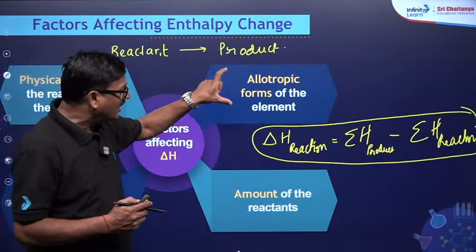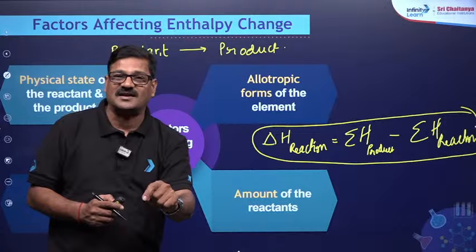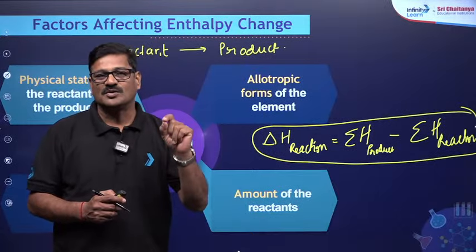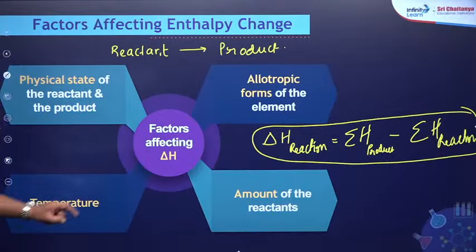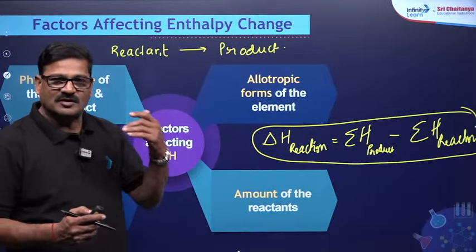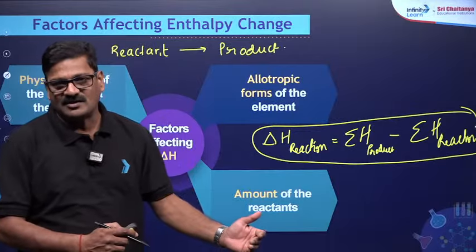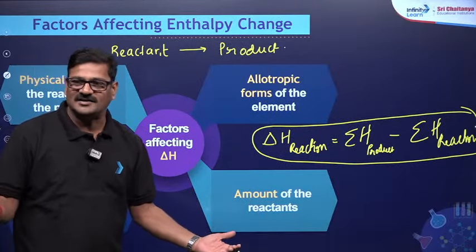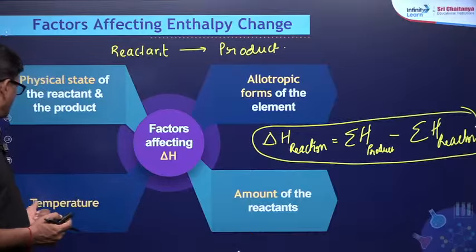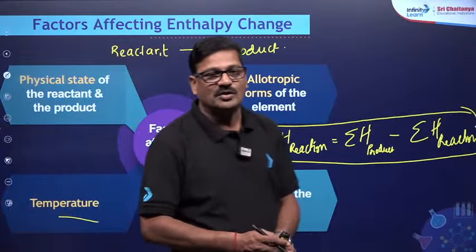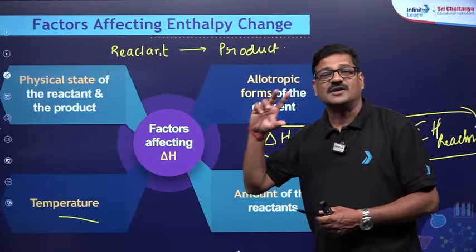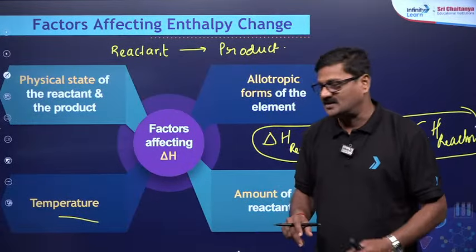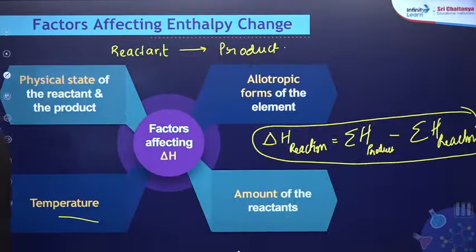So allotropic form भी दिखाना पड़ता है thermochemical equation में. Also the amount of the reactants: 1 gram लेने तो delta H अलग होगा, 10 gram लेने तो delta H अलग होता. And also temperature. I will let you know the detailed version of the temperature dependence of the reaction according to the Kirchhoff equation.